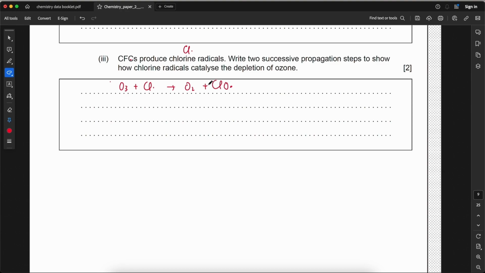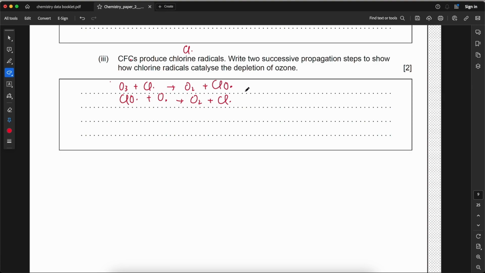The chlorine atom reacts with ozone, forming ClO radical that can further react and cause depletion of ozone. Next, ClO radical will react with O radical, producing oxygen and Cl radical. The regeneration of Cl radical then goes on to catalyze the breakdown of more ozone molecules.